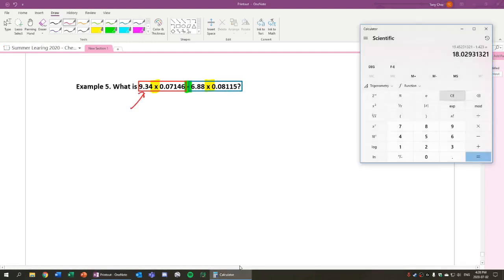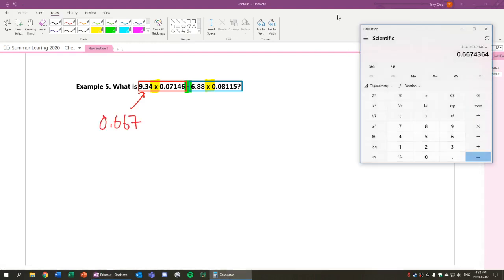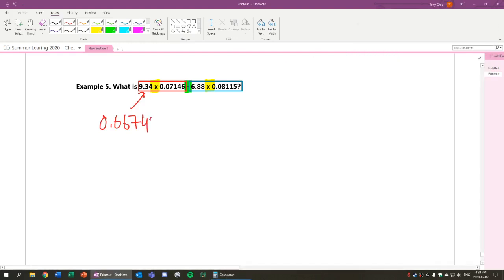When I multiply these two numbers together, 9.34 times 0.07146, I get 0.6674364.